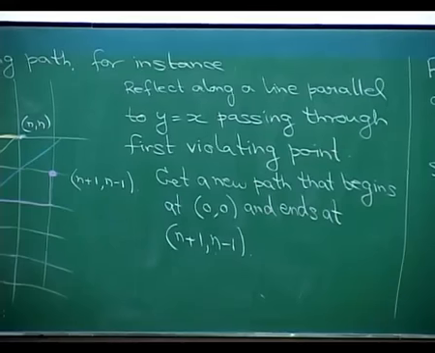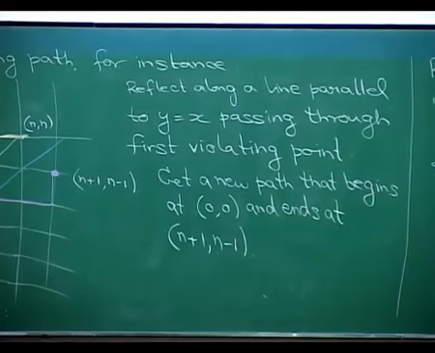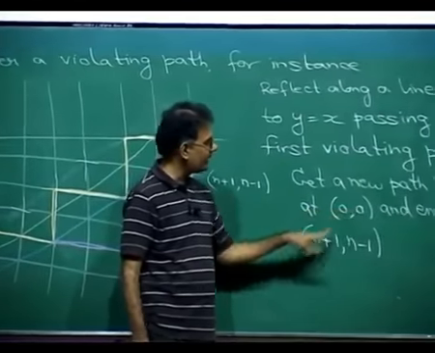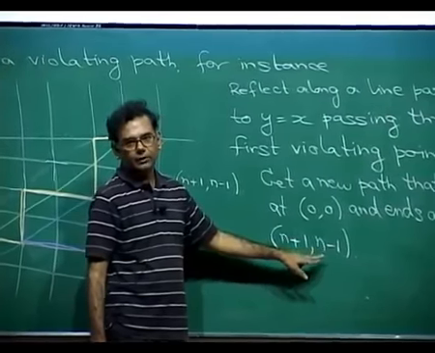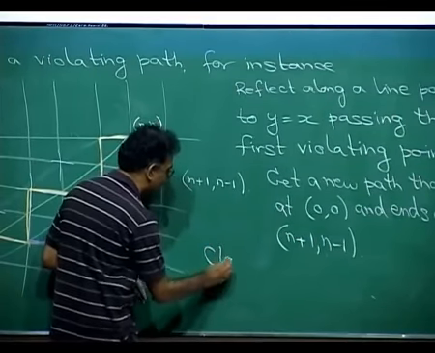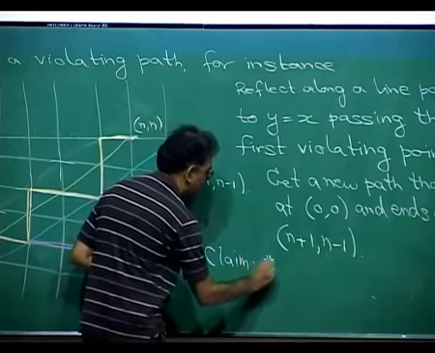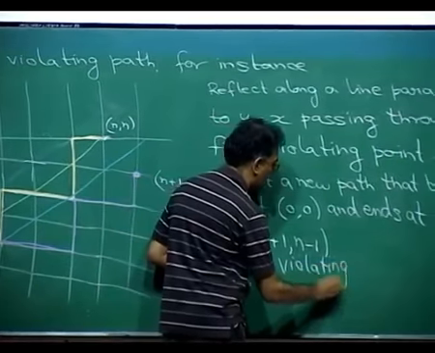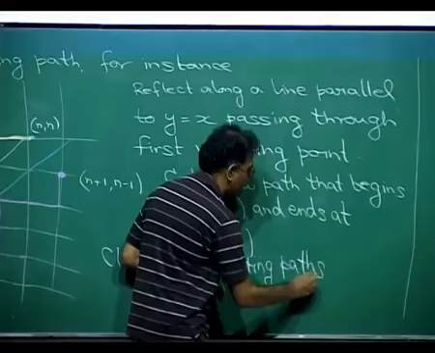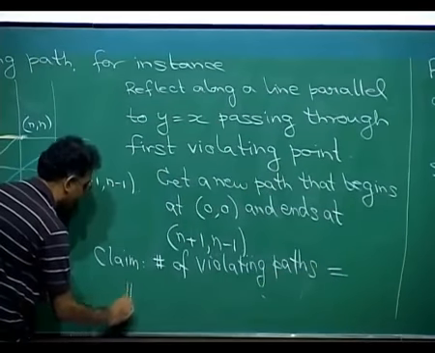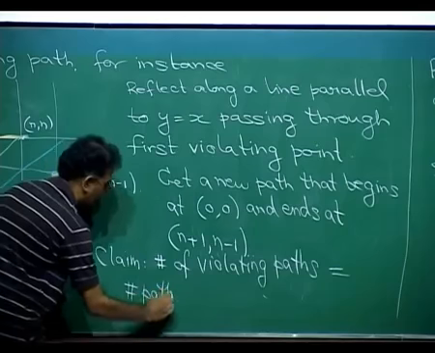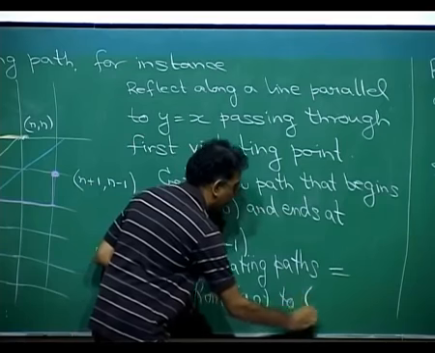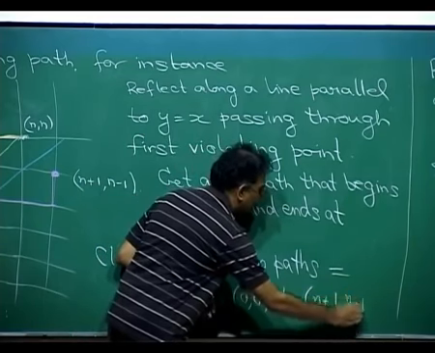Now what I would like to assert is that the number of violating paths is exactly the same as the number of paths that begin at 0, 0, end at n plus 1, n minus 1. So this is the main claim which has to be understood. So number of violating paths, I claim, equals number of paths from 0, 0 to n plus 1, n minus 1.